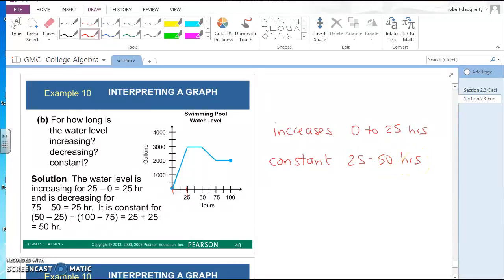It also looks like it's constant from 75 to 100 hours. And then it's decreasing between 50 and 75 hours. So the water level increases for the first 25 hours, and it's constant between 25 and 50 and between 75 and 100. That tells me that there are 25 hours of increase, 50 hours of constant, and 25 hours of decrease.